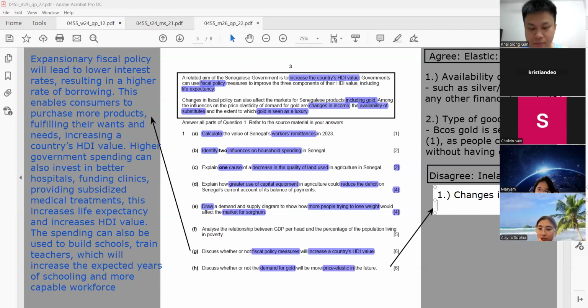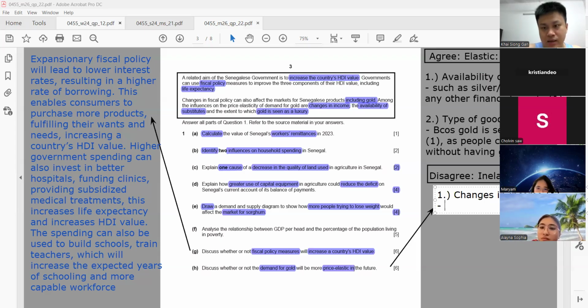Because I want to say the demand for gold is price inelastic now. So how to explain?